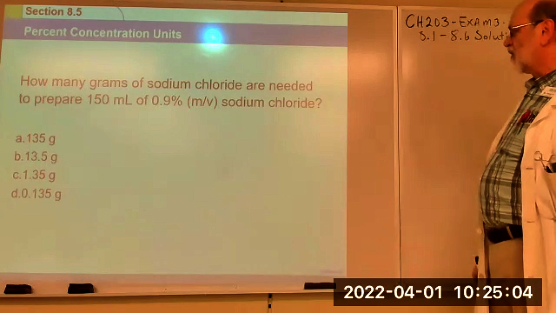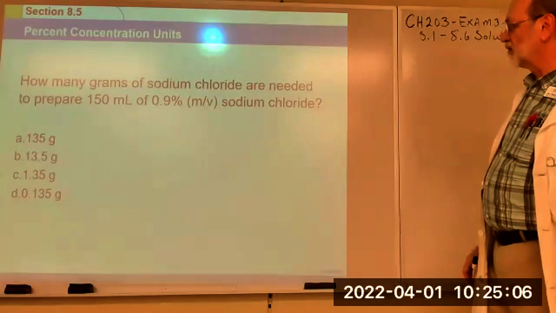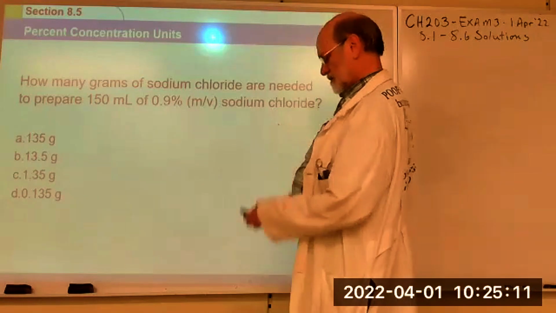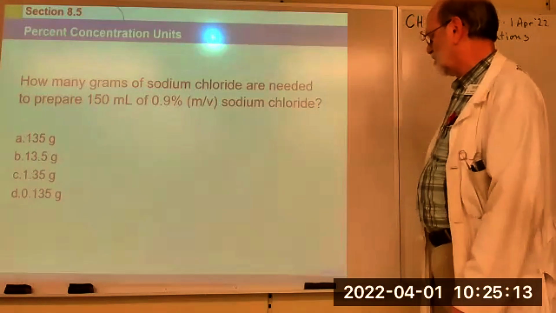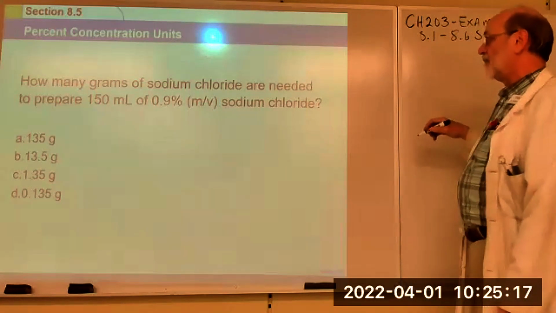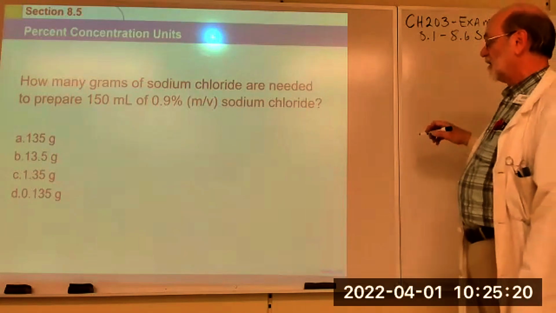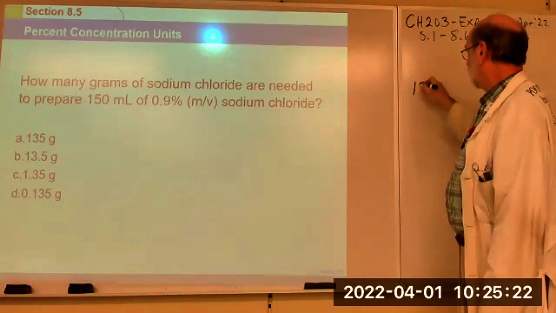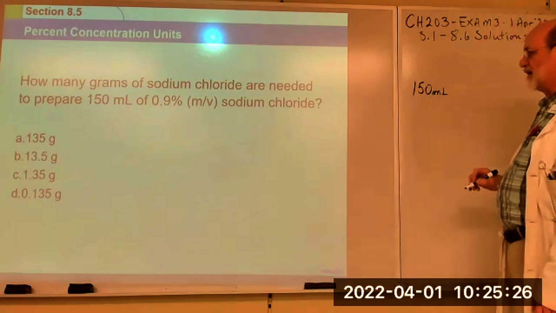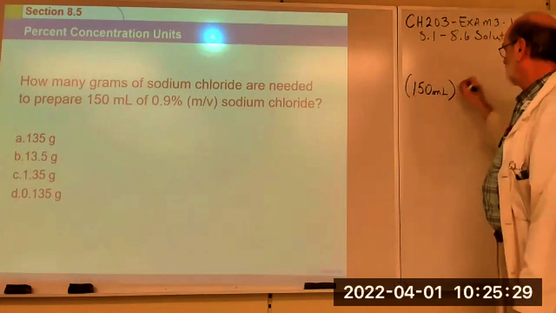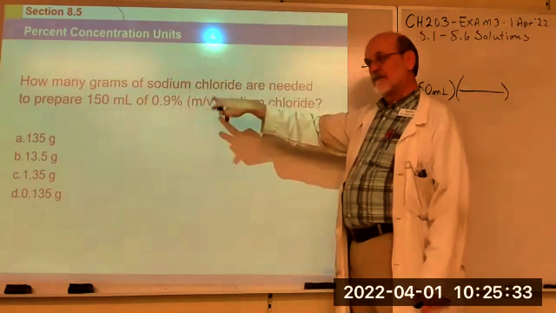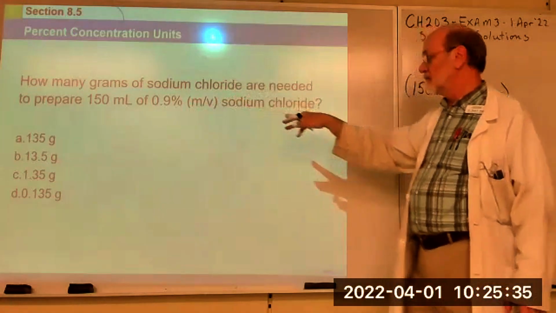How many grams of sodium chloride are needed to prepare 150 milliliters of 0.9% mass volume sodium chloride? Let's see, do I have this one animated? No, I don't. Okay, so how many grams of sodium chloride? We're starting with 150 milliliters of 0.9%. So will our value here do the trick?